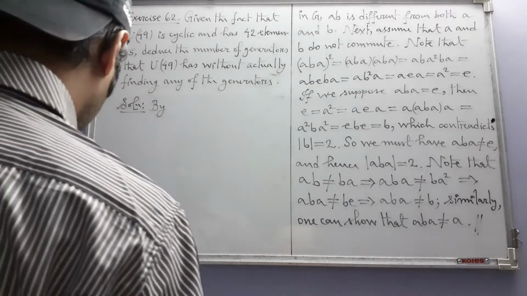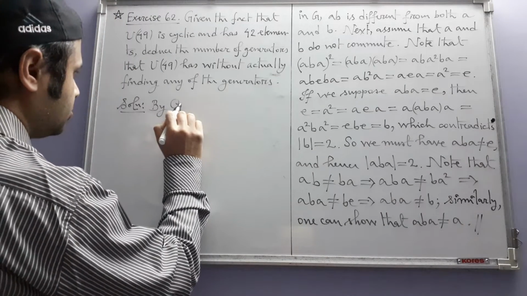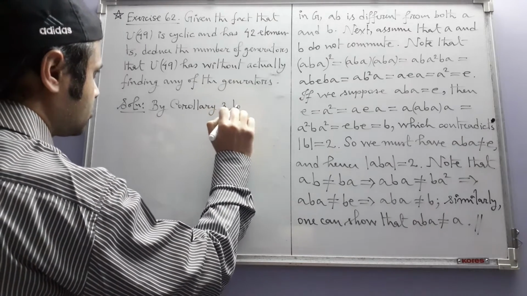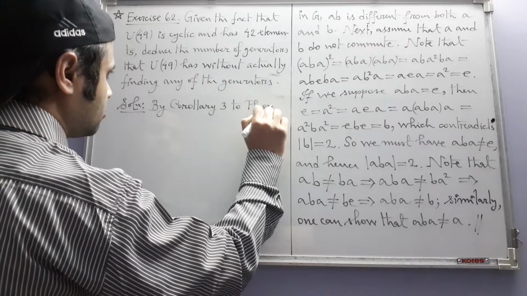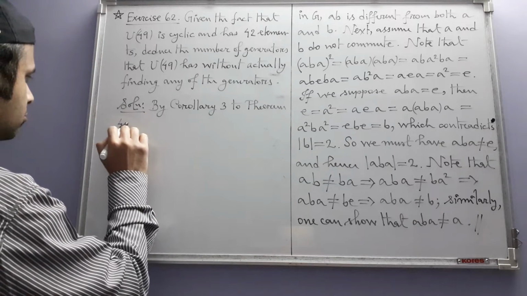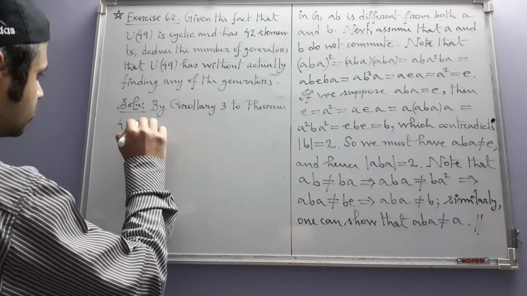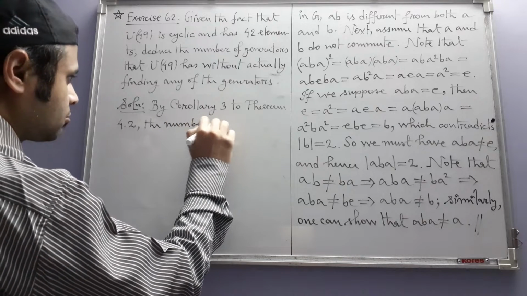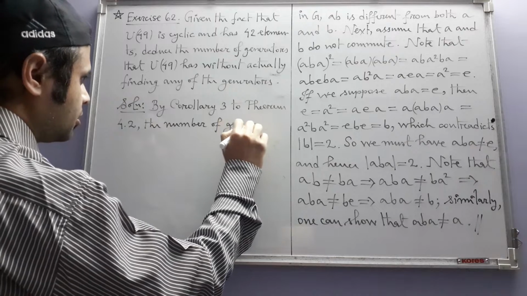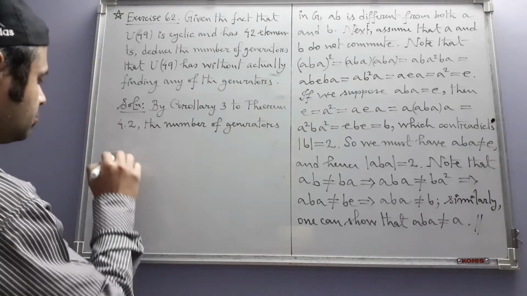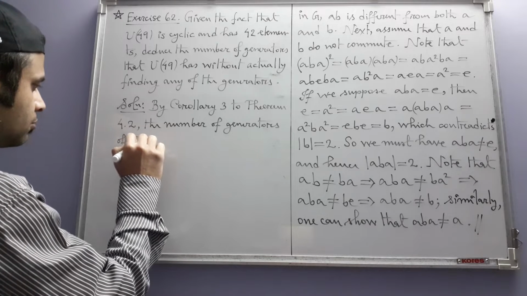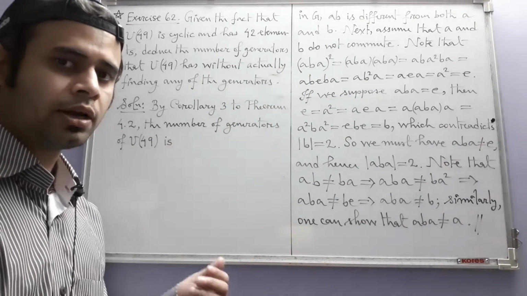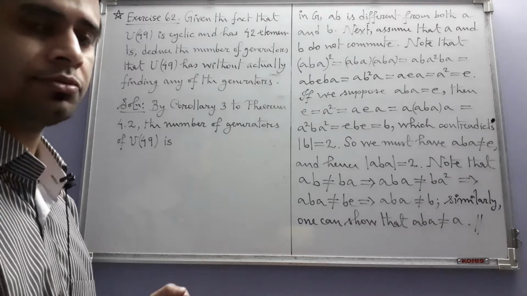By the third corollary, by corollary three to theorem 4.2, the number of generators of U49 is the Euler phi function value of the order of this group.